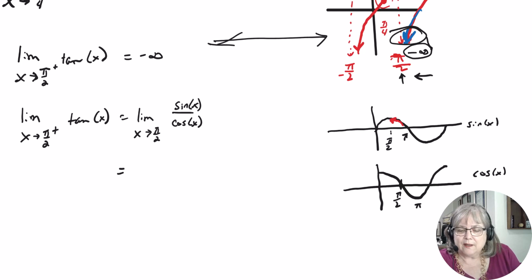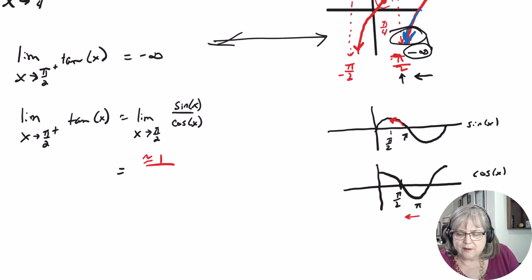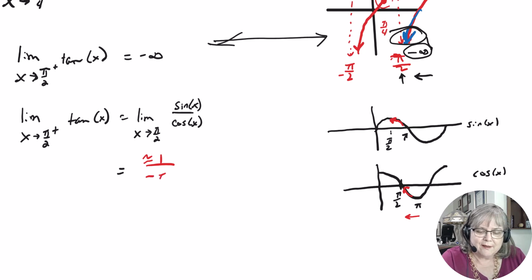So sine is climbing as you get closer to pi over 2, and it's getting close to 1, right? But cosine, as you're coming in from the right, is climbing like this. It's getting closer to 0, but it's negative values, right? It's negative values for y as you get closer to 0. So it's a negative tiny number.